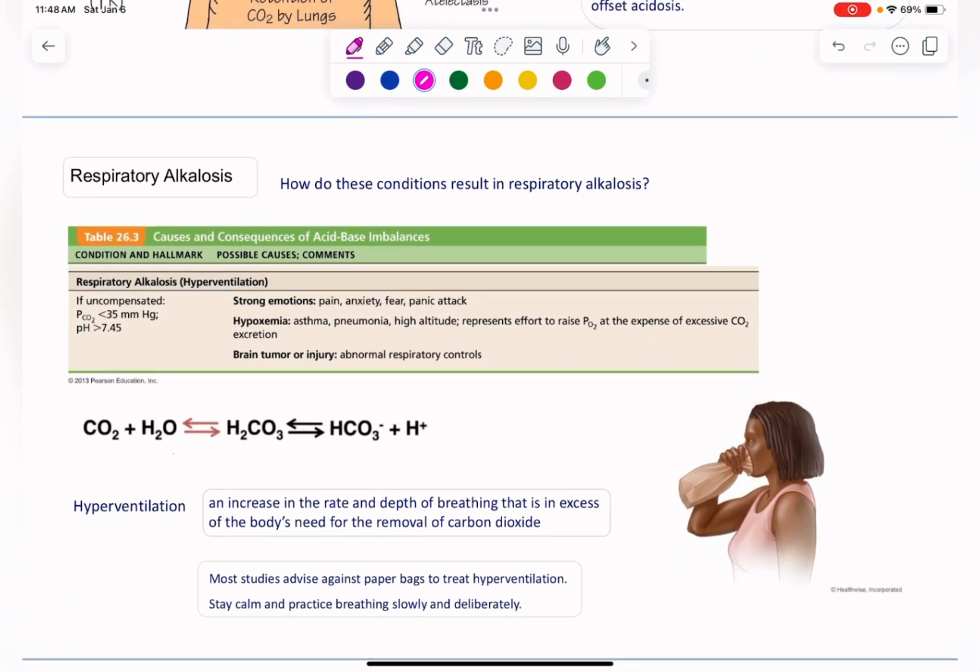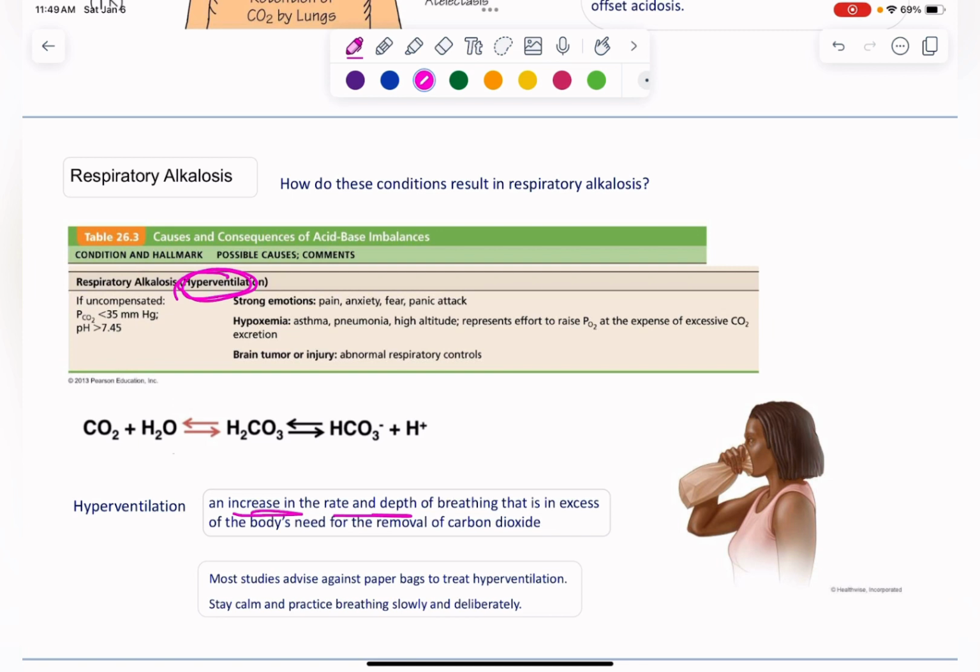What about respiratory alkalosis? This is when the body is too basic and the cause has to do with the respiratory system. Pretty much in this case, anything that causes hyperventilation can cause respiratory alkalosis. Hyperventilation is an elevation or an increase in the rate or the depth of breathing.